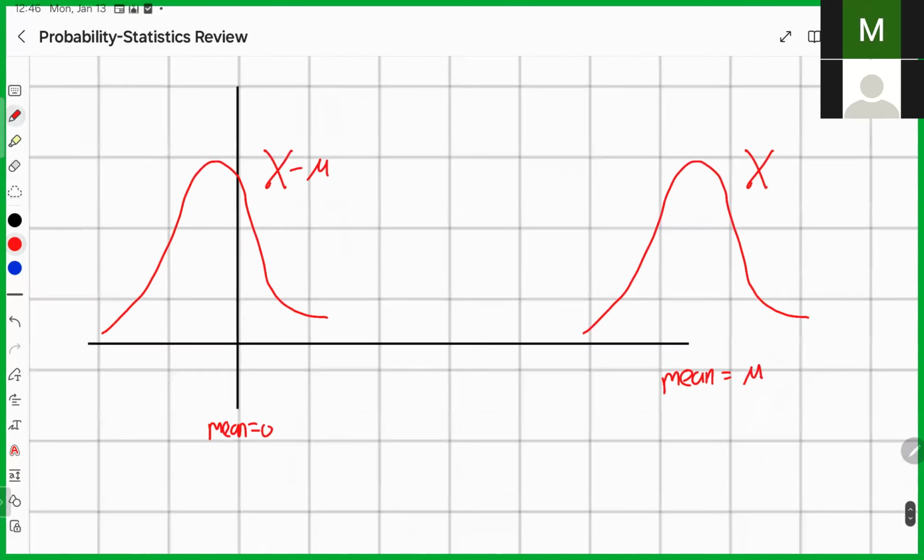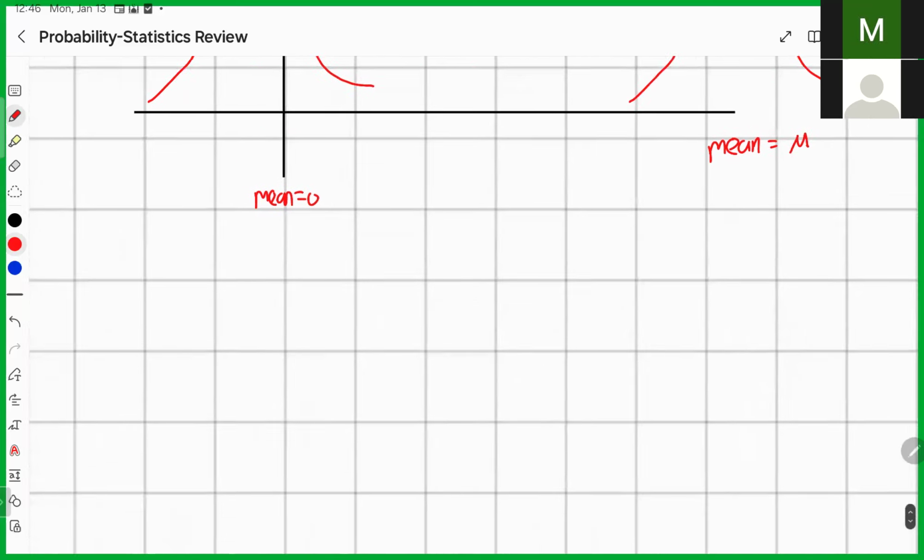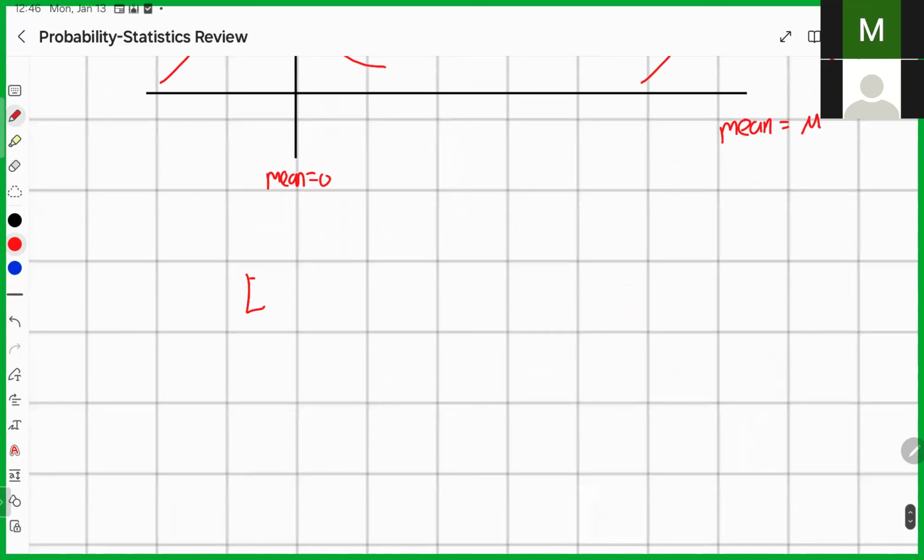And why does subtracting the mean give us a mean equal to 0? I can write the proof here. Remember the expectation is linear, so we have this property here.